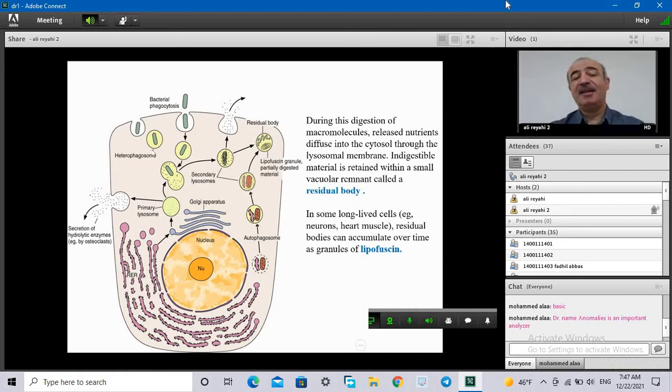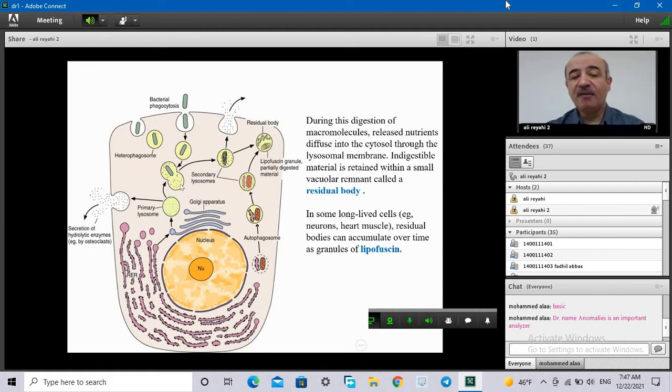When a foreign particle like bacteria is phagocytosed and enters the cytoplasm of the cell, this vesicle is called a heterophagosome. And when the heterophagosome fuses with the membrane of the primary lysosome, this lysosome changes to the secondary lysosome.